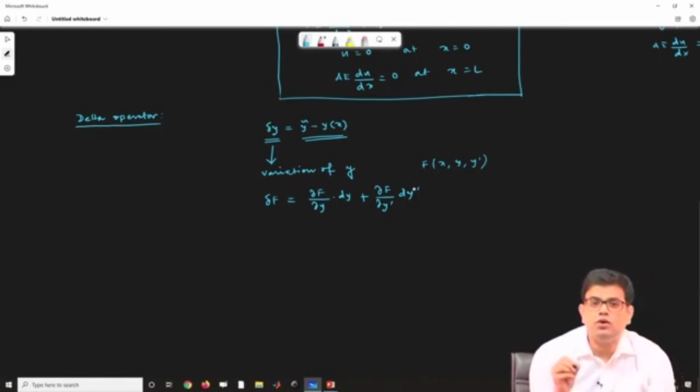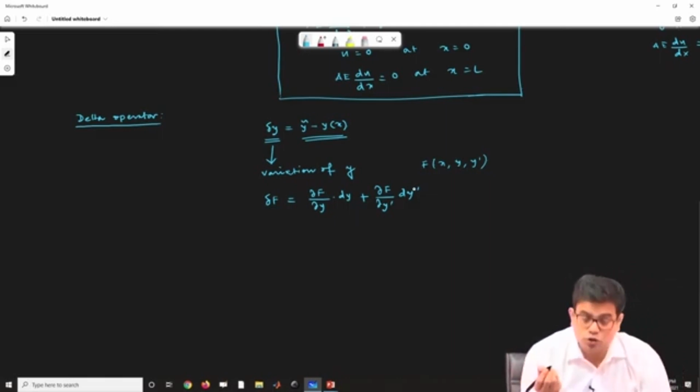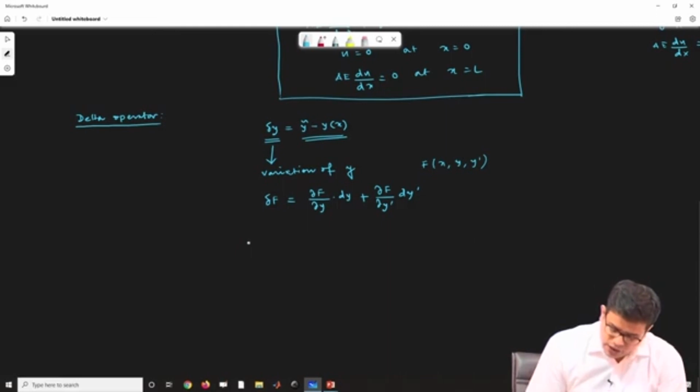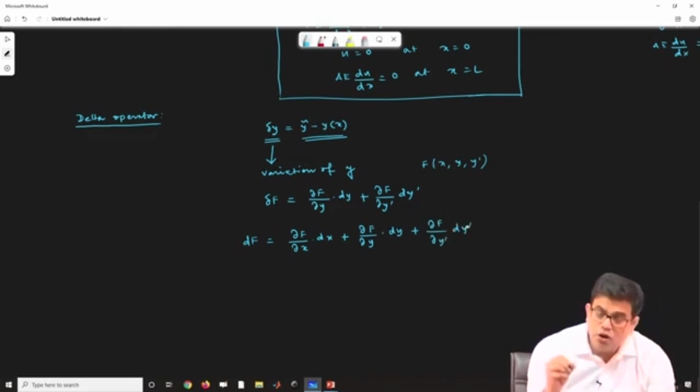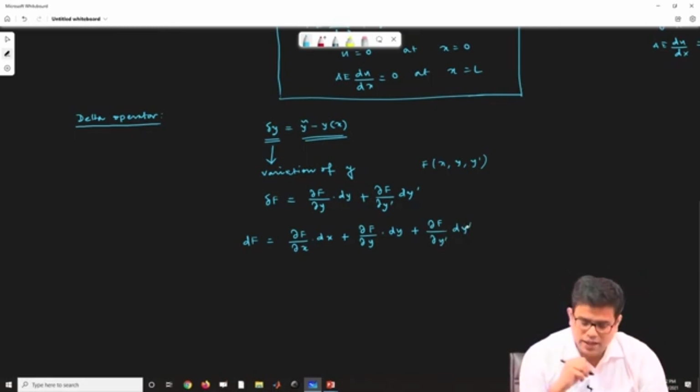But look, don't confuse this with the total derivative. For instance, the total differential df is del f by del x into dx plus del f by del y into dy plus del f by del y prime into dy prime. The important thing here is that don't associate delta f with the del x term also.